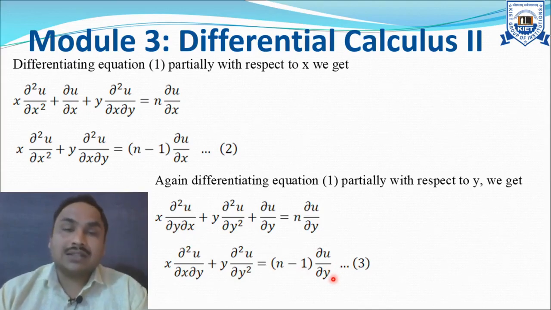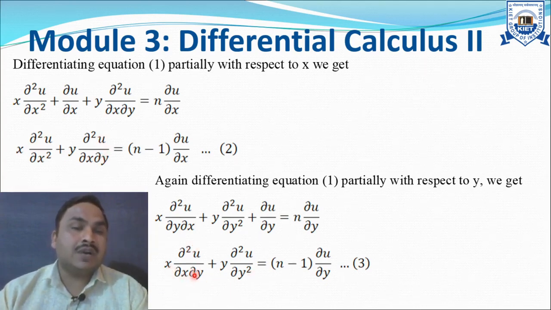Now to get the third result, we multiply equation 2 by x and equation 3 by y and then add. If we do so, here we will have x² ∂²u/∂x², and here I will get xy ∂²u/∂x∂y. Similarly, in this equation on the LHS I will get xy ∂²u/∂x∂y.